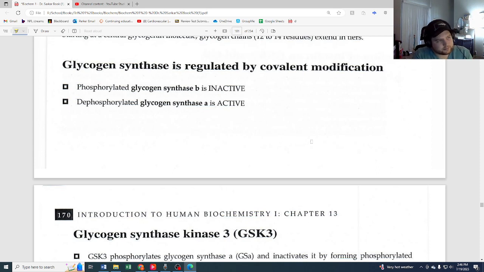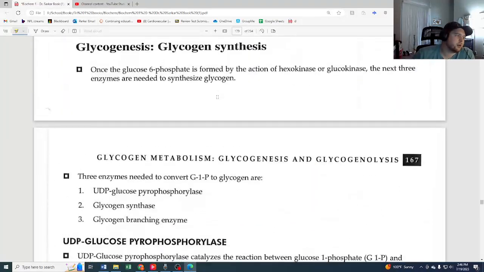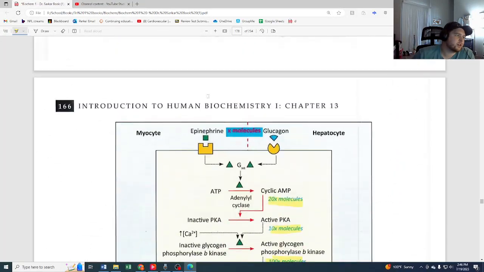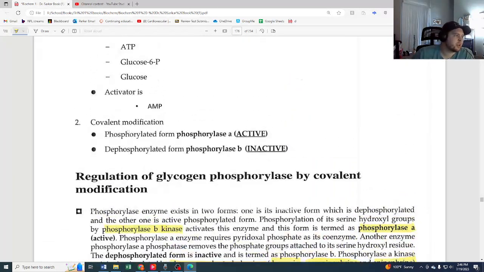Glycogen synthase is regulated by covalent modification. Phosphorylated glycogen synthase B is inactive, and dephosphorylated glycogen synthase A is active. Good thing to note here, pay really close attention to whether phosphorylation means active or inactive, and keep those straight, because earlier, let's see if I can find, there we go.